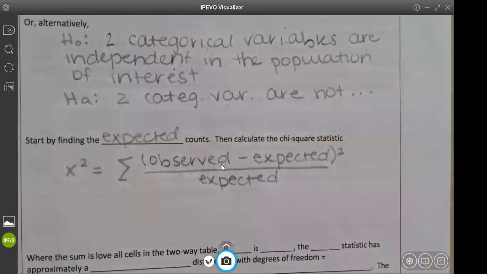And remember, we just put it in our calculator. I don't make you do this by hand because sometimes there's lots and lots of data. We just do it in our calculator. We do have to calculate the expected values. How do we calculate the expected values? The row total times the column total over table total. Very good. Okay, so we're going to be doing that at some point today.